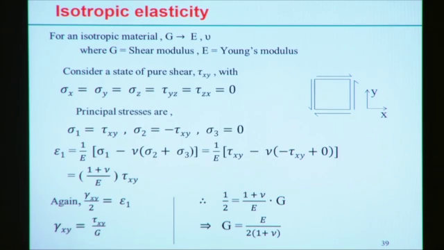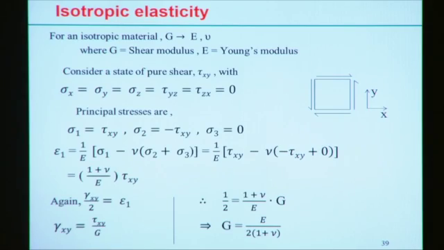Now, when the principal stresses for the pure shear condition are known, we can find epsilon 1, the strain along direction 1, in terms of the stress components. If we put in the stress components, we find epsilon 1 equals 1 plus nu by E into tau xy.